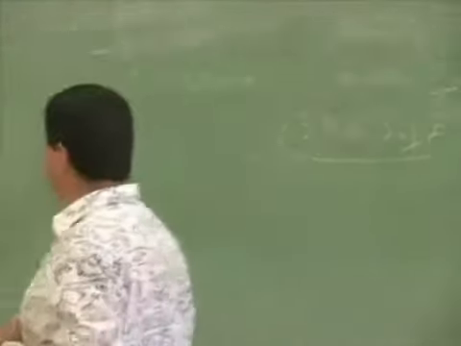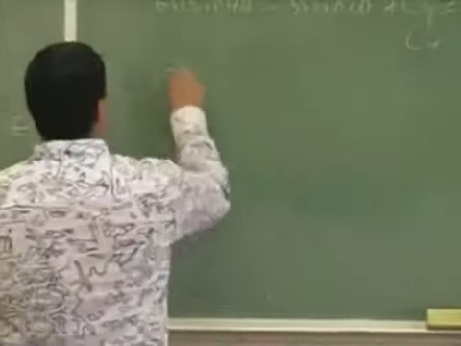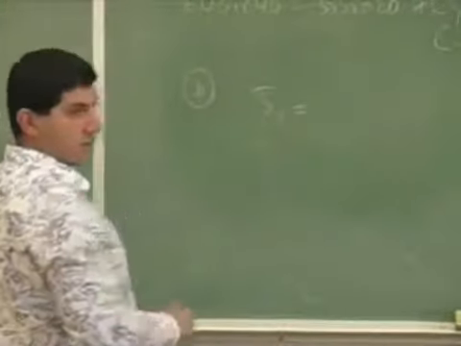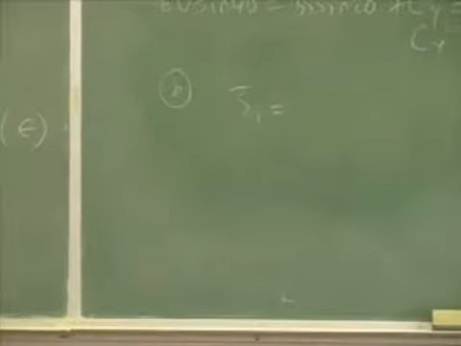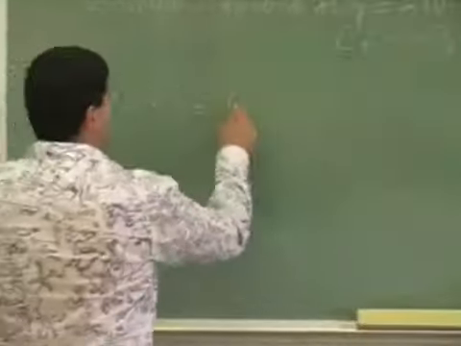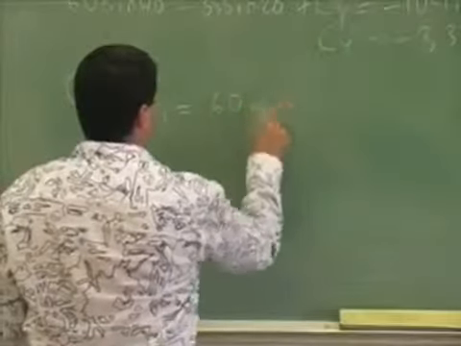Okay, now let's do the part B. What's the average speed of the car in stage 1? So this is going to be similar to that chapter 2 problem. You take the distance divided by the time.